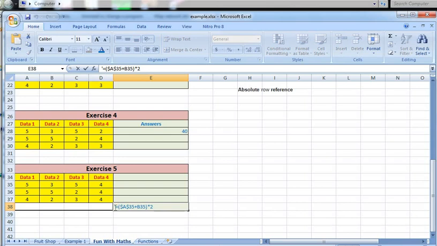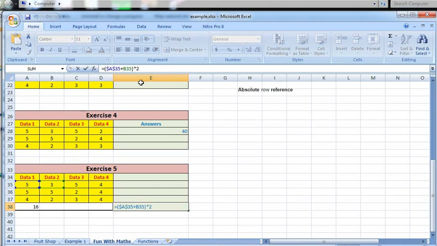So what is your answer then? 5 plus 3 is 8. 8 into 2 is, guess what? It's 16. So here you will get 16. So what will be the answers of these three? You are to show me.